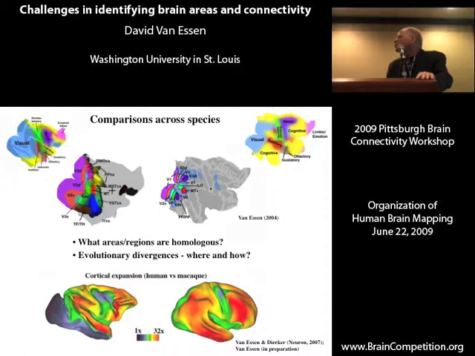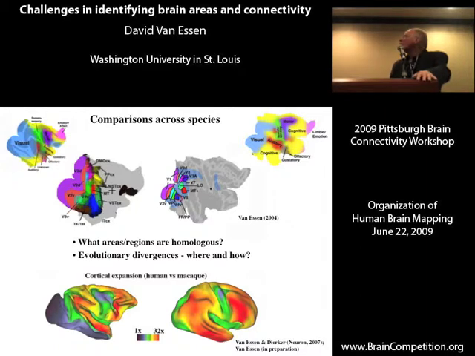Basically, the human cerebral cortex during recent evolution has expanded tremendously in surface area, we know that, but also very non-uniformly, as illustrated by this map of hotspots of evolution that are concentrated in lateral, temporal, parietal, and frontal cortex. And so that's going to make it an interesting challenge to relate across the species.